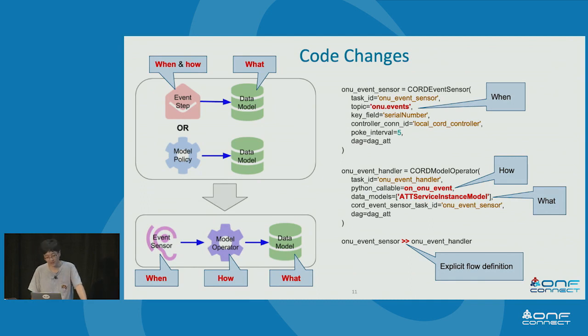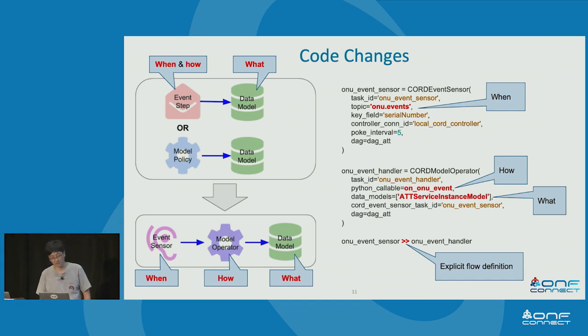Using the pilot engine, workflow code becomes clear. The pilot engine provides three components: sensors for when, operators for how, and data models for what. And it enforces explicit flow definition between tasks, as shown in the right bottom corner.